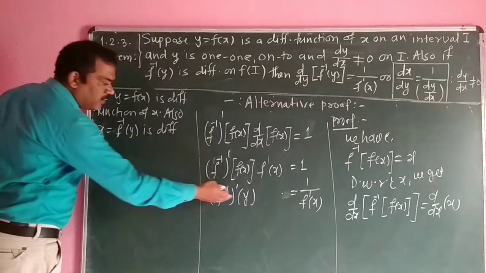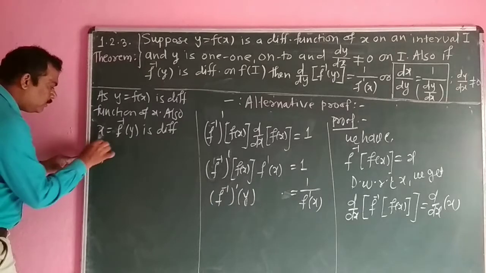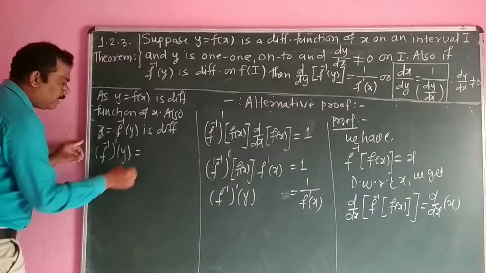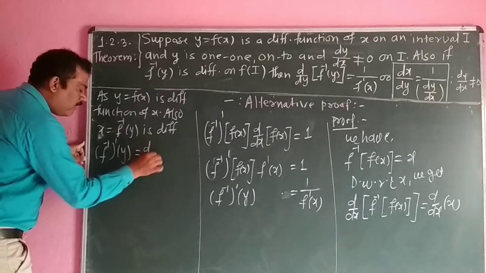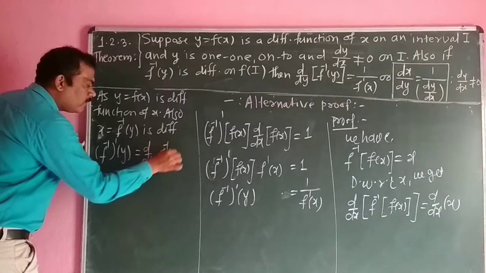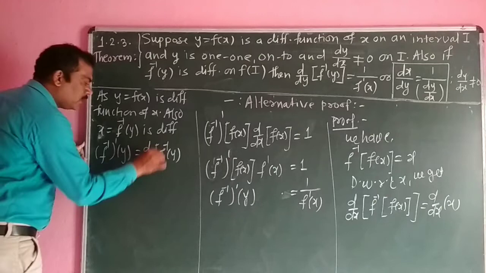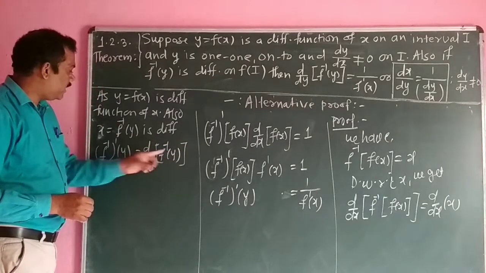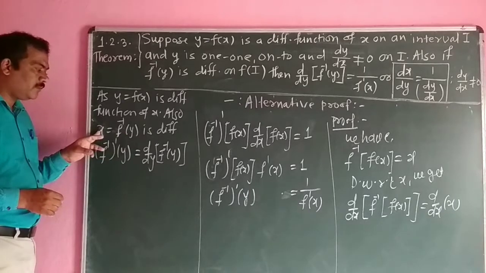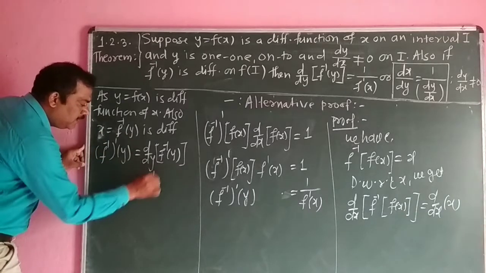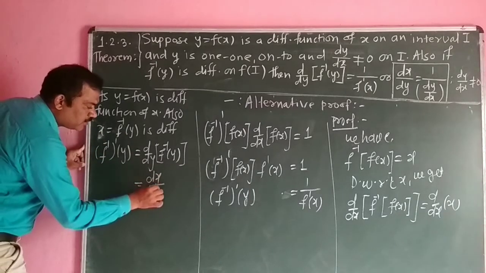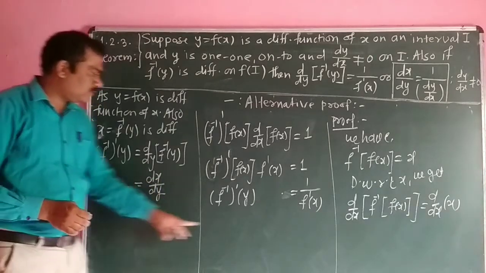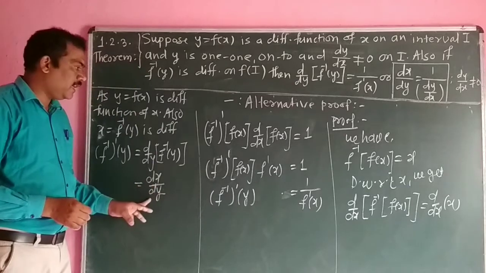And what is the value of this function? f inverse dash of y is nothing but d/dy of f inverse of y. And f inverse of y is nothing but x, that is the differentiation of x with respect to y, d/dy of x. This we get as dx by dy.